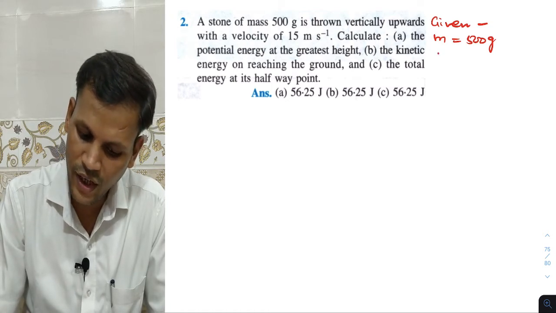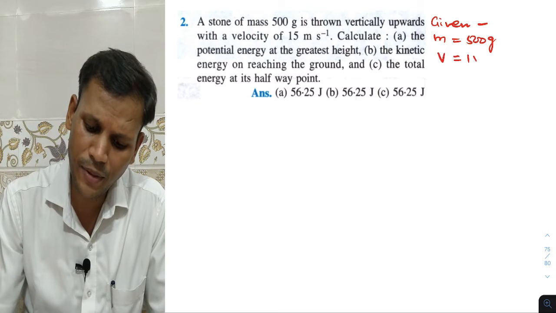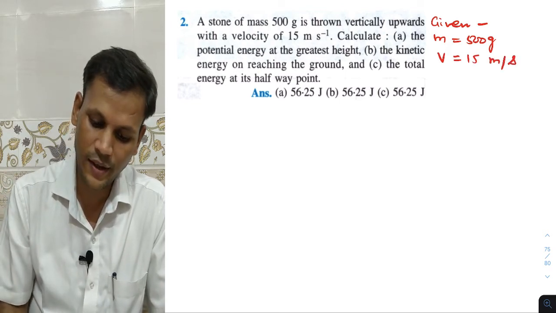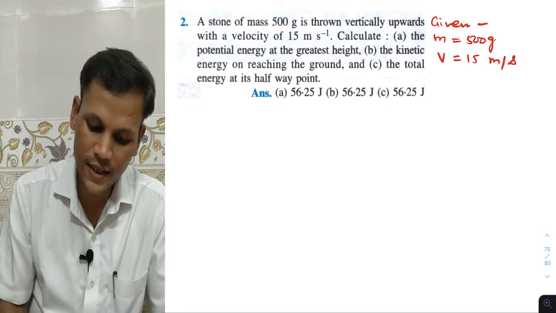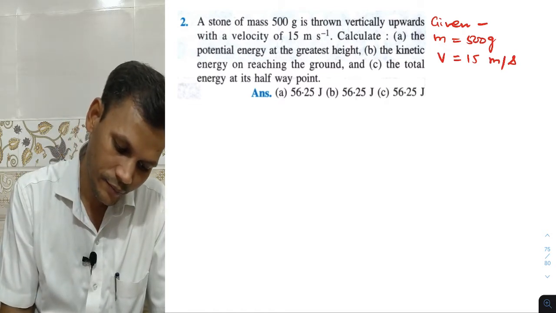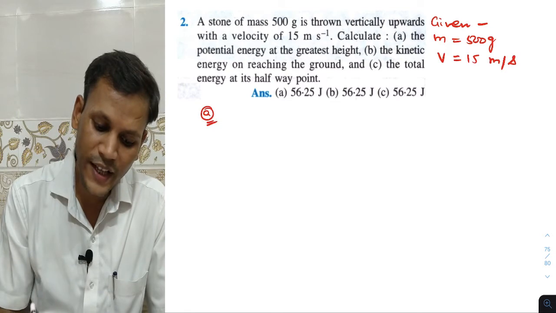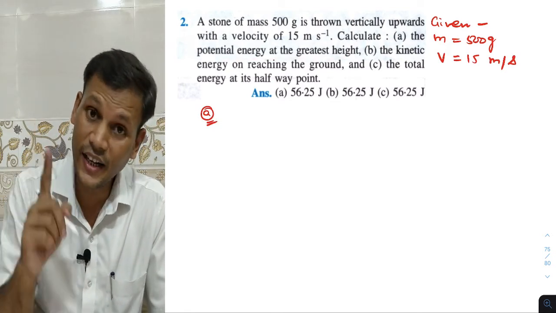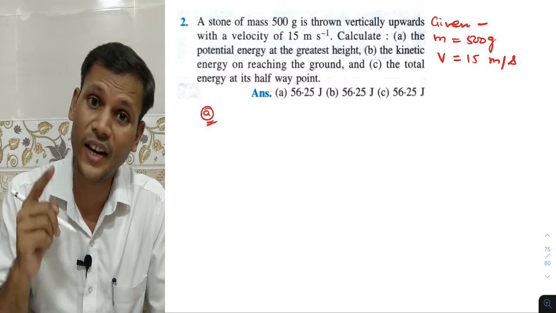So I will write v is 15 meter per second. We can take it as u also, that does not matter. Again, it is the same as the previous sum. A part: the potential energy at the greatest height. Potential energy at greatest height will be the same as the initial kinetic energy.